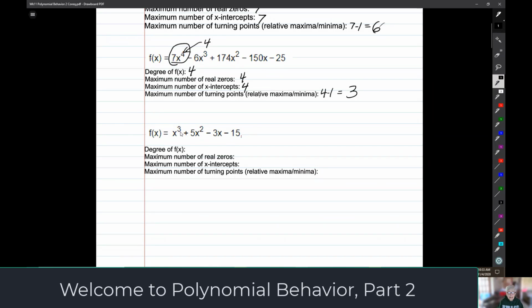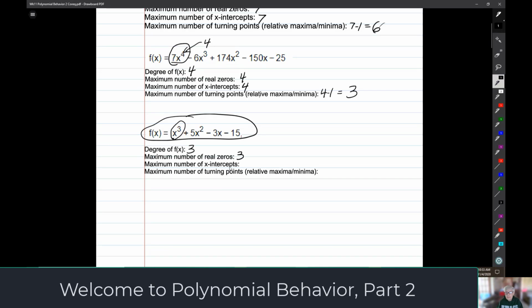And here, the highest power is 3. The leading term is x to the 3rd. Therefore, the degree of the entire polynomial is 3. The maximum number of real zeros f of x can have is 3.